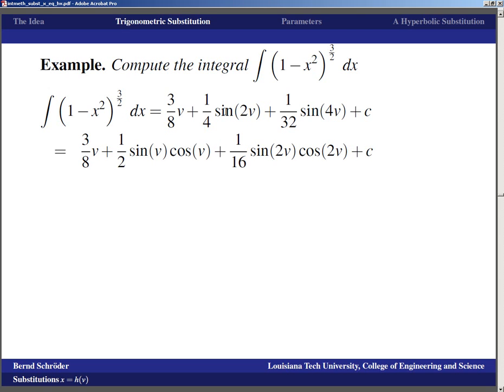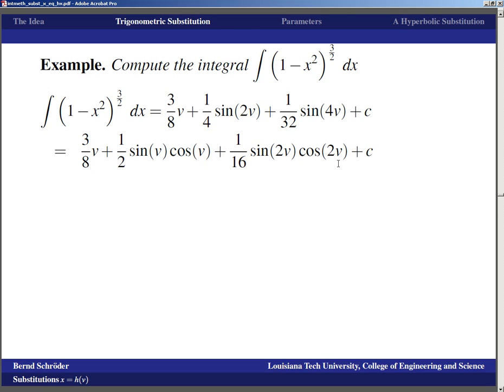Sine 2v is 2 sine v cosine v, and times 1/4 gives us 1/2 sine v cosine v. Sine 4v is 2 sine 2v cosine 2v, with 1/32 gives us therefore 1/16 sine 2v cosine 2v. And that means here we've got sines and cosines, which we can replace.